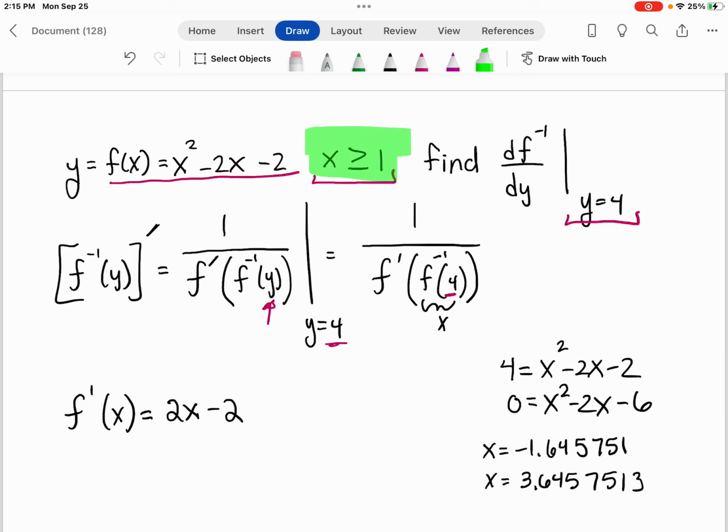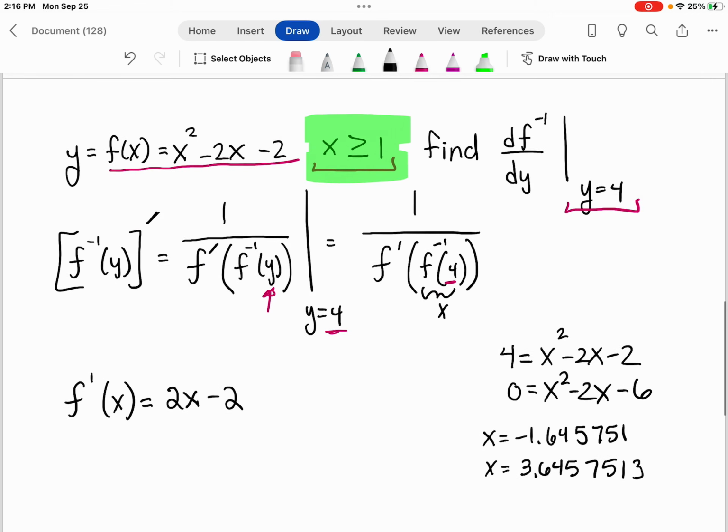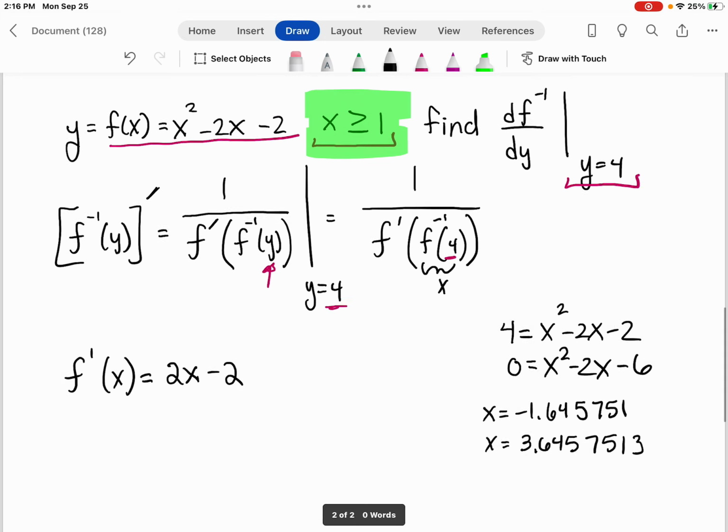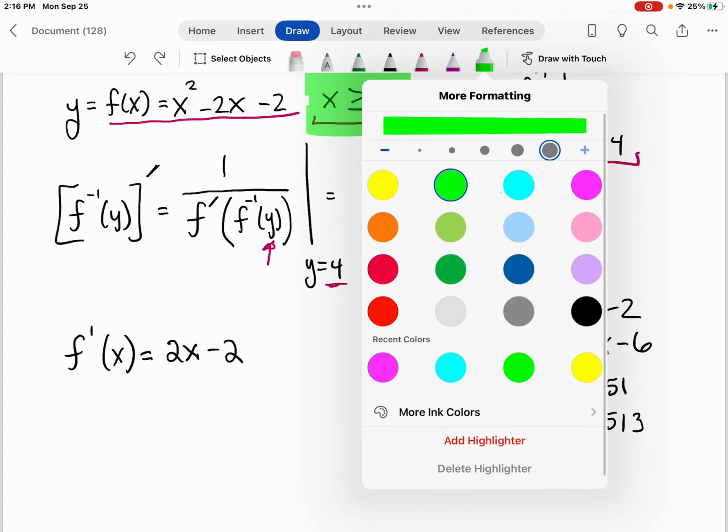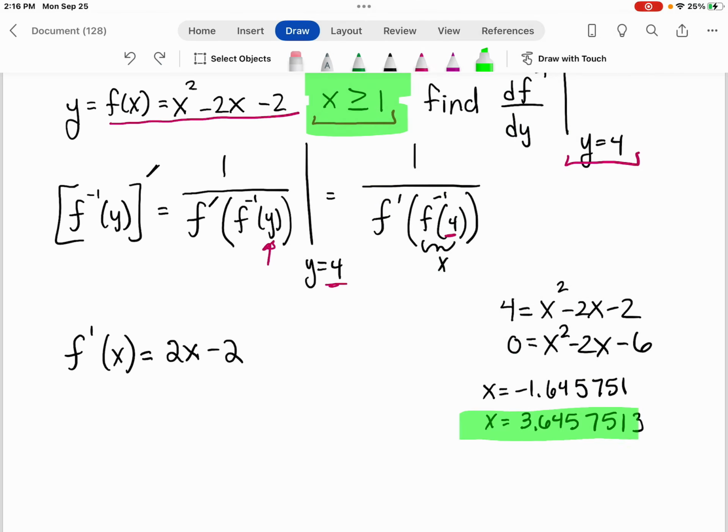Now, this is why we specifically limited our domain here, so that we know which x to use. I want to make sure that I use the x that's greater than or equal to 1, so I'm going to use this x right here.